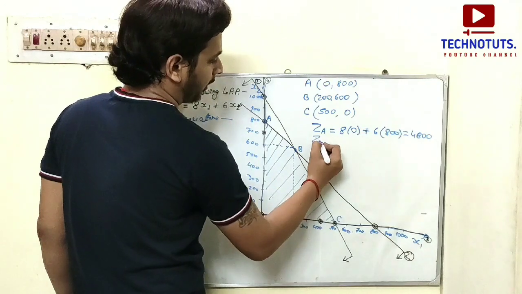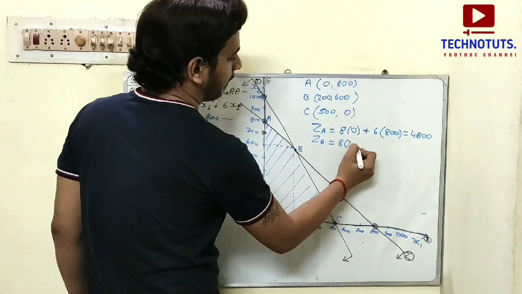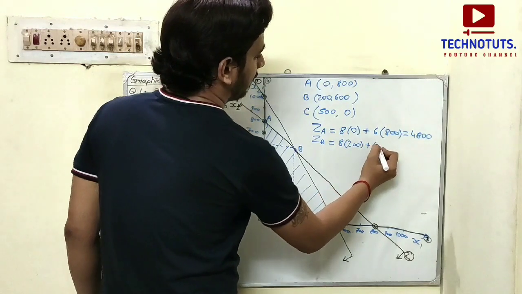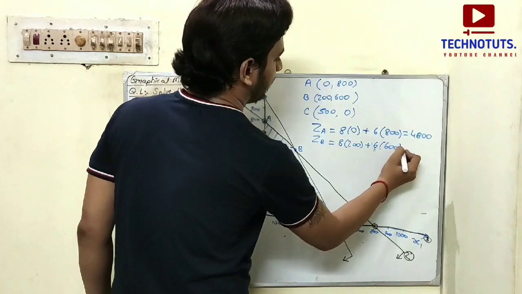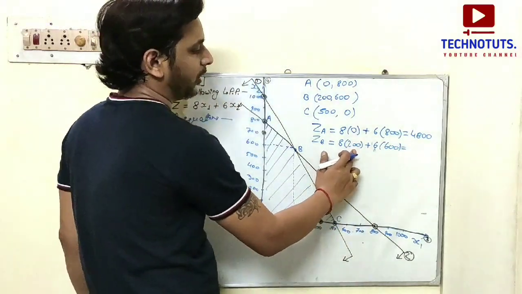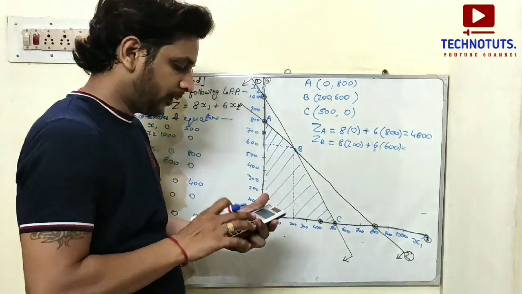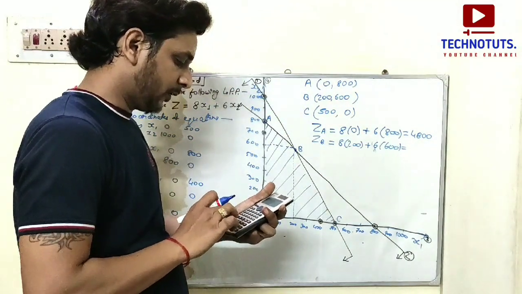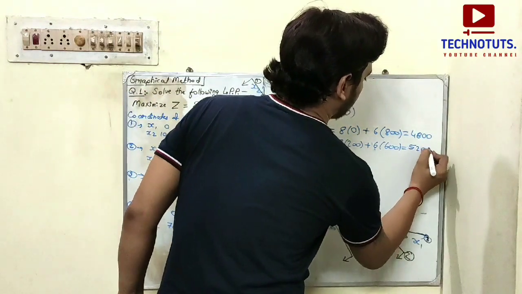Let us find it at point B: 8 into 200 plus 6 into 600, which is 1600 plus 3600, which is 5200. Okay, students.